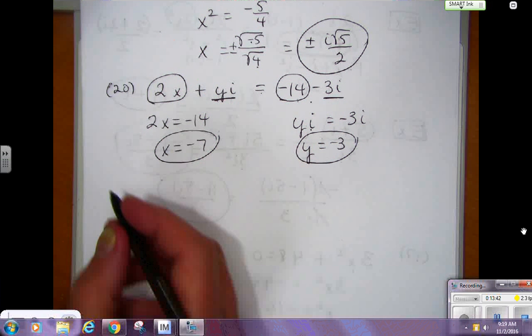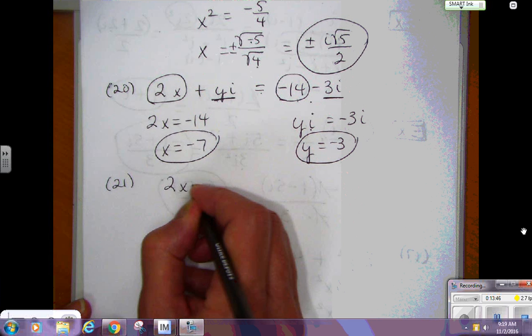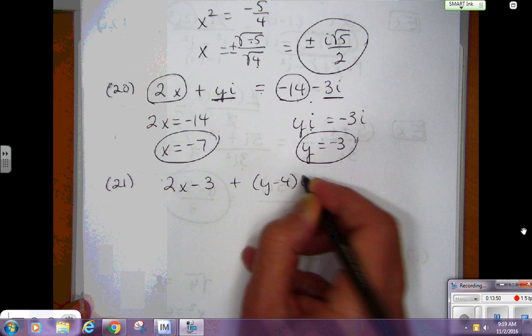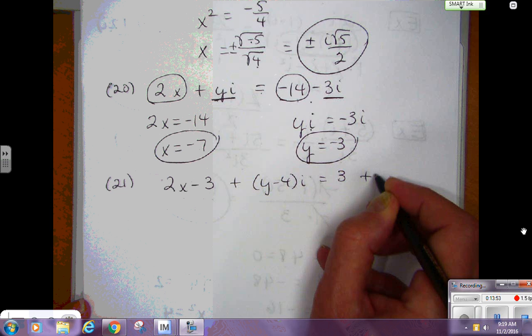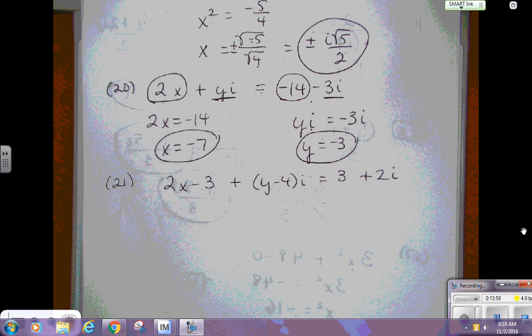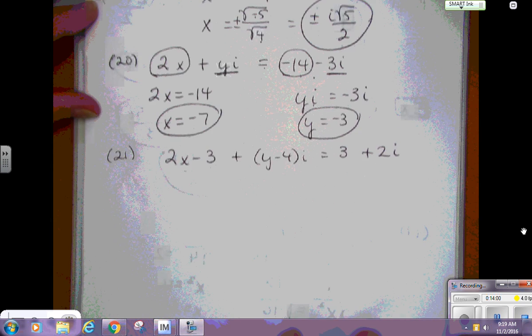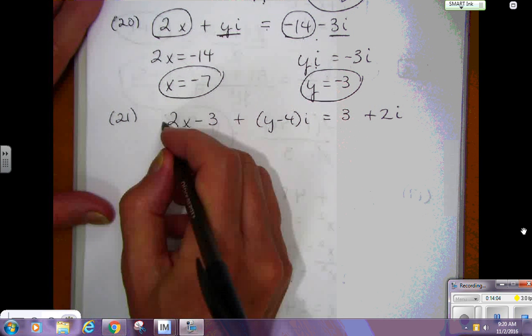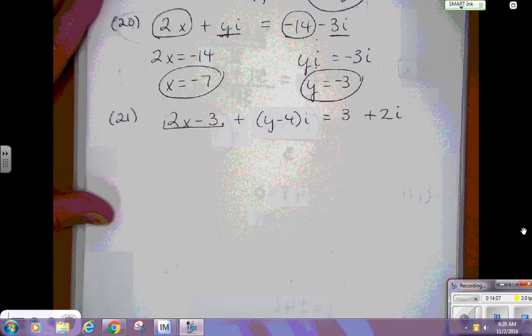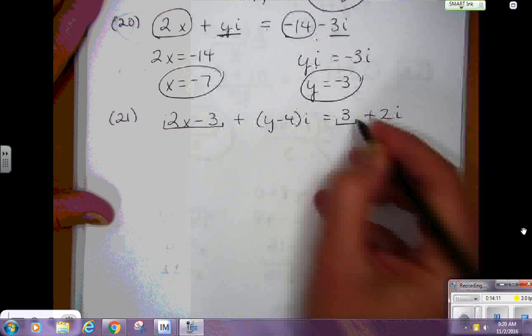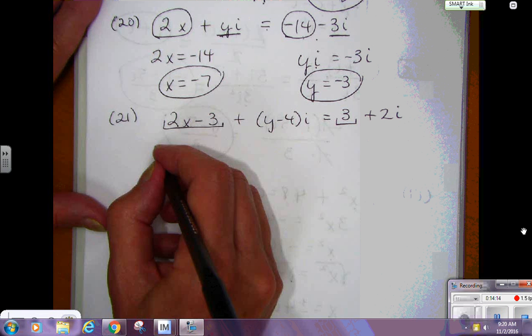Okay, let's do the last one, 21. 2x minus 3 plus parentheses y minus 4i equals 3 plus 2i. Okay, so the real part on the left side is this 2x minus 3 because it does not have any i's with it. And it's going to equal 3 on the right side.